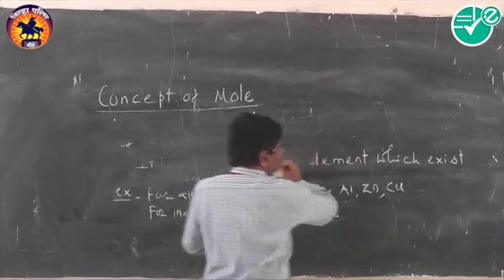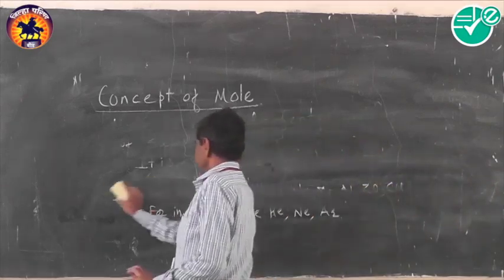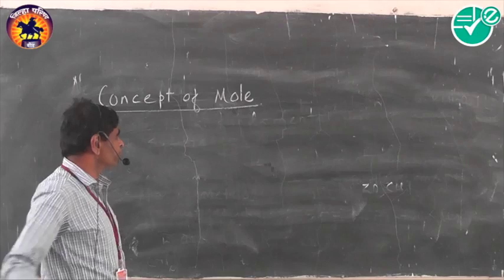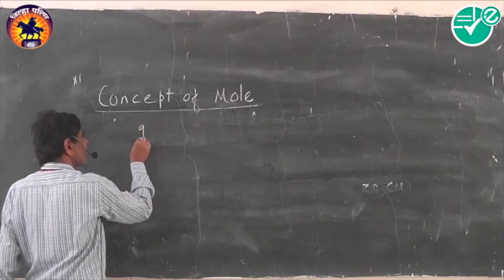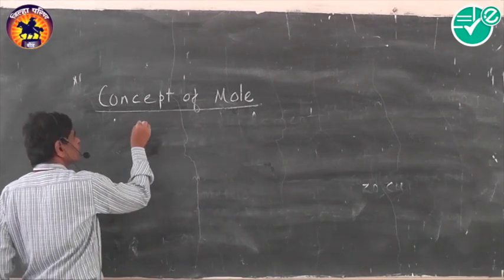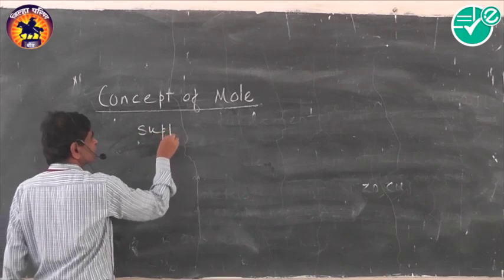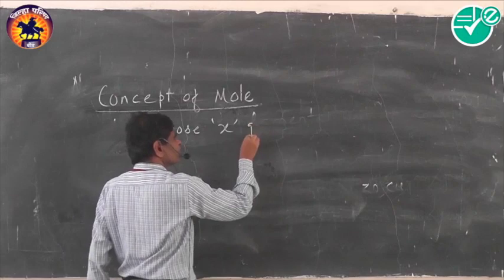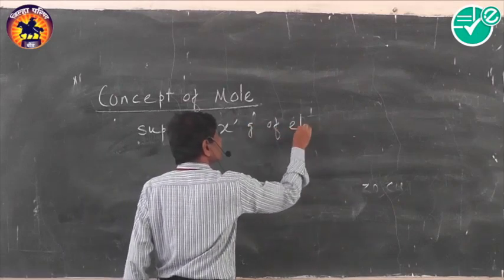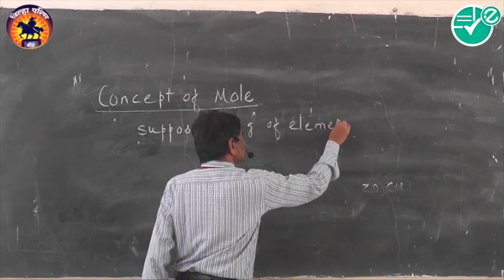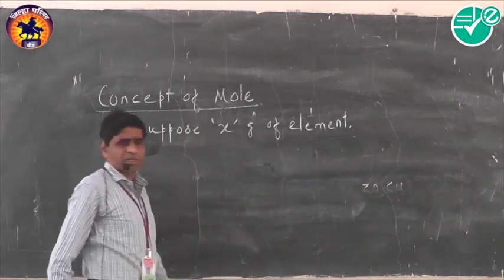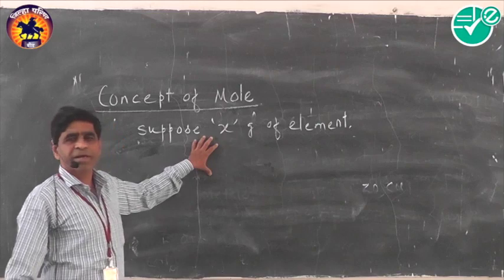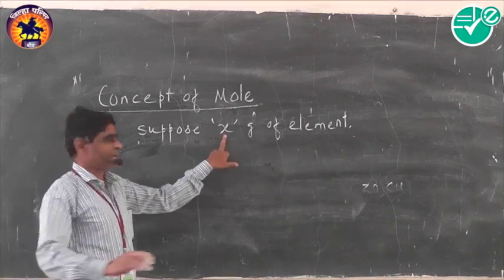And thus there is a relationship. Now suppose x gram of element is given. Then how to calculate the number of moles of the element whose mass is x gram?